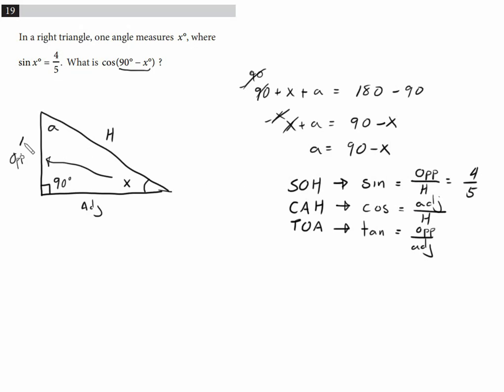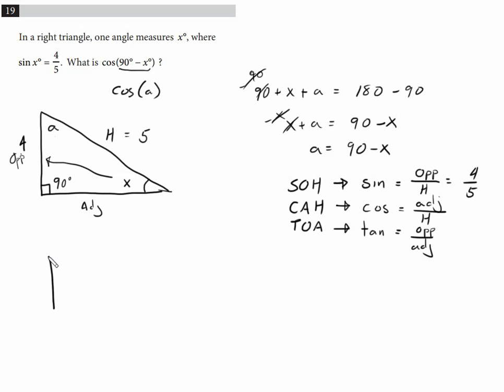So the opposite, I'm going to write that in, is 4, and the hypotenuse equals 5. So cosine of 90 minus x, we see here that this equals A. So really, they're asking for the cosine of this angle, A.